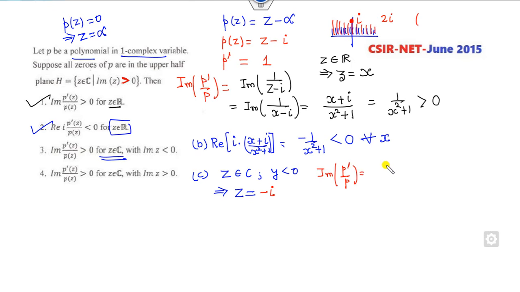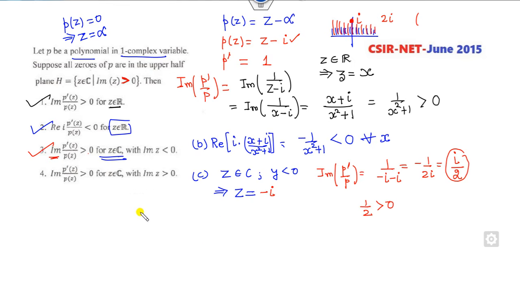P dash is 1, z is minus iota. Fine. So what is that? It is minus 1 over 2 iota. So if I rationalize it, it is iota divided by 2. So is it greater than 0? Yes, it is greater than 0, because the imaginary part of this is half, which is greater than 0.